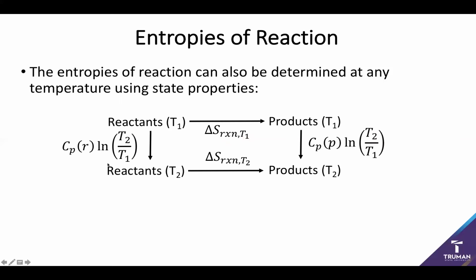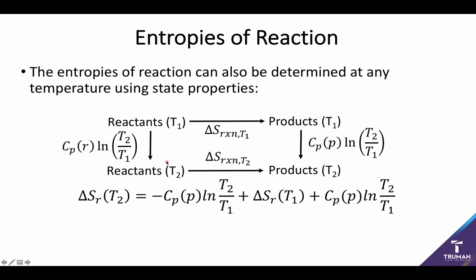I can also look up the heat capacities of my reactants and my products. So again, I can then correct for the entropies of my reactants going from T1 to T2, and the same thing for my products.